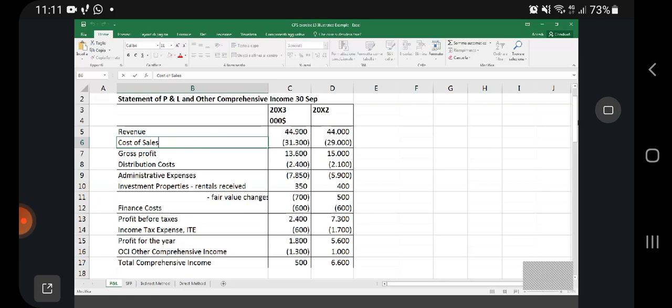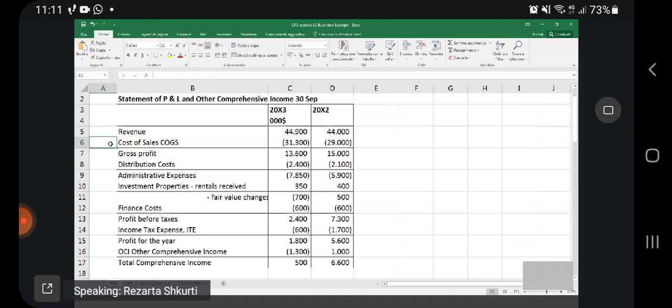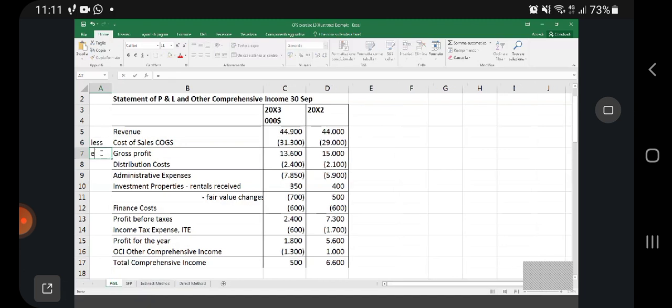If you remember well, we use this abbreviation over here. Cost of sales and cost of goods sold is the same thing. Also, please allow me to be very, very slow in explaining simple things, but maybe they are not for the bad. We say that revenue less cost of sales equals the gross profit.